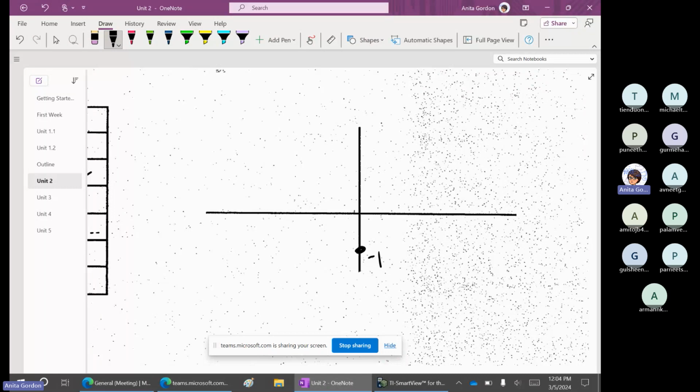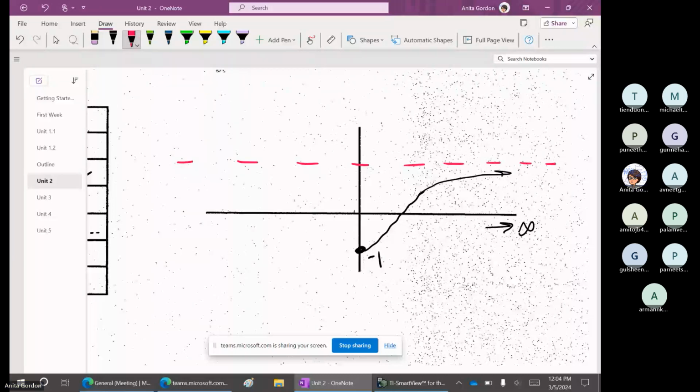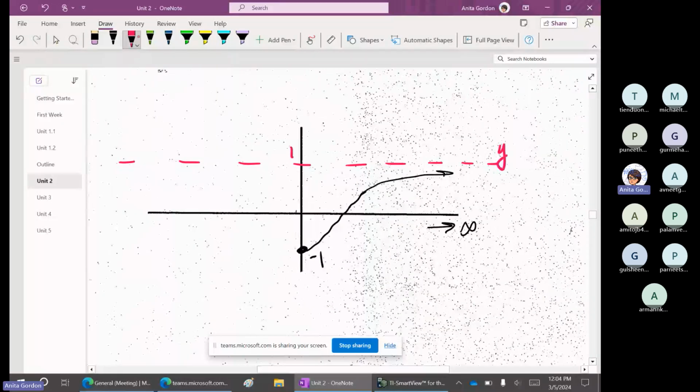And then it's increasing in value as it's getting larger and larger, right? This is x going off into infinity. However, it is approaching the value y equals 1. So this is a horizontal asymptote.